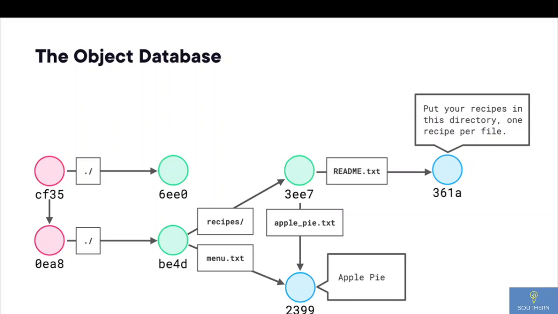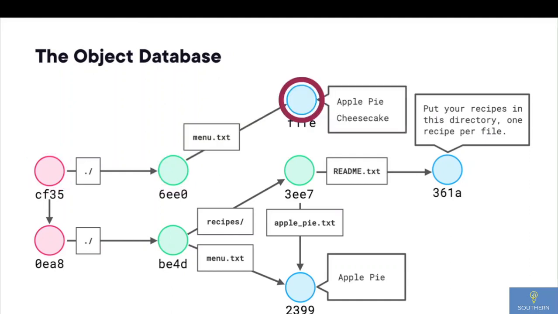So here is the file structure of the object database after our second commit. The new commit is pointing to a new tree, which is pointing to a new blob, and to the same tree as the first commit. Now it's clear why this tree must be new. This blob has changed, so the content of this tree must be different because it's pointing to a different blob.